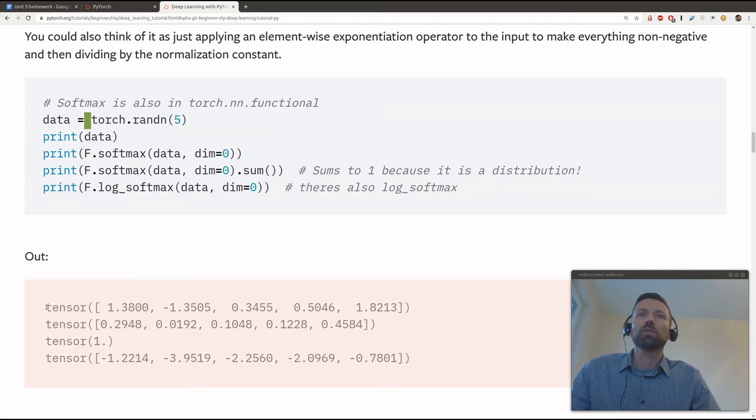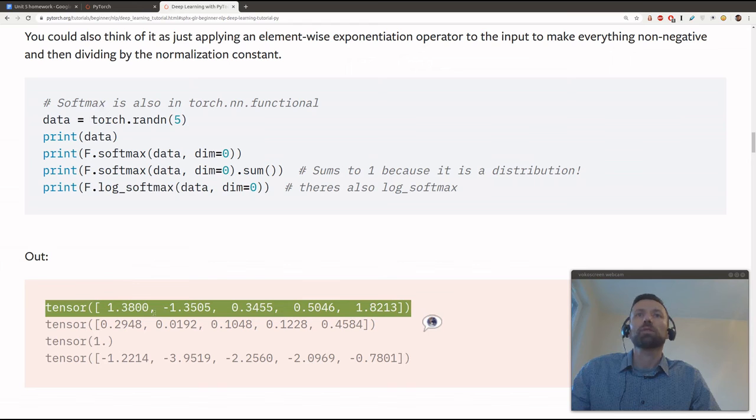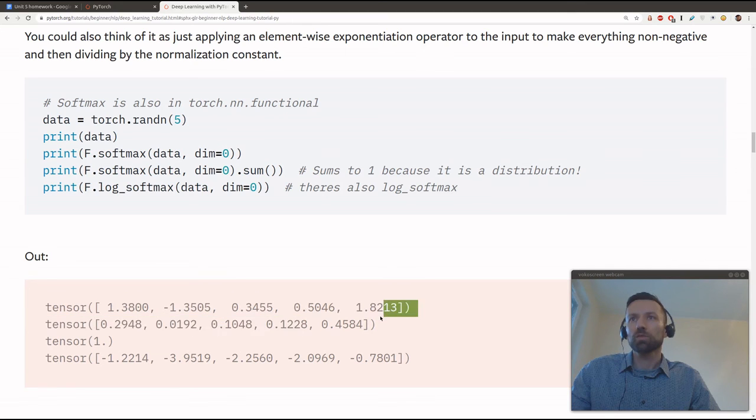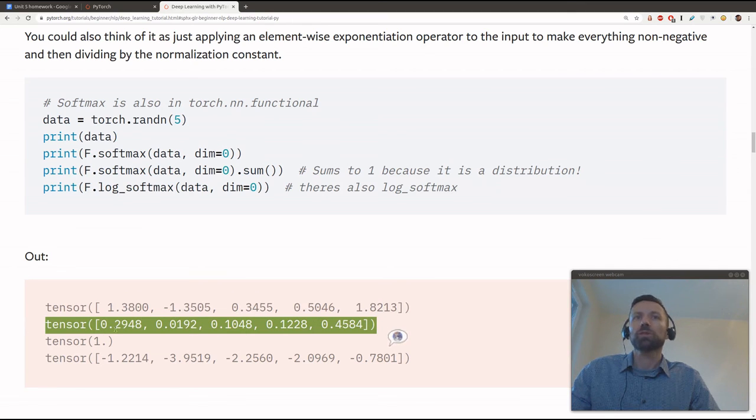If you look at the output of this operation, here we have these 5 numbers which the network generated, and these are then transformed into probabilities which add up to 1. So if we classify whether this document is about sport or about politics, then we get probabilities, and we can usually choose the class with the highest probability.